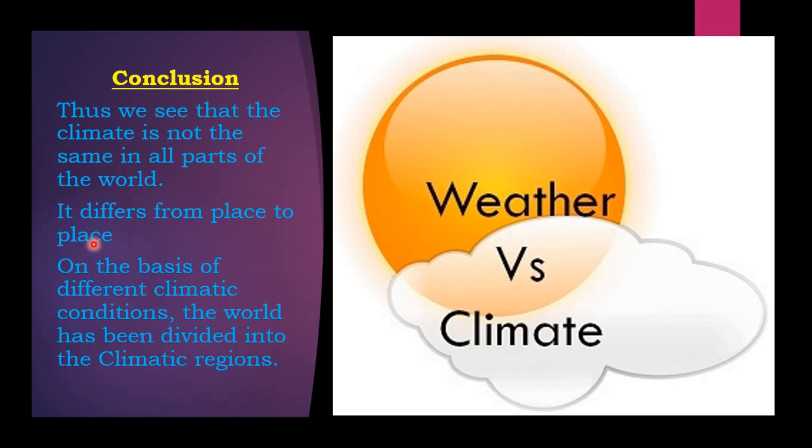After all this, we can say the climate is not the same in all parts of the world because of changes of the atmosphere, because of the wind, the sea, the equator, the distance from the sea, and the heat zones. All this affects the weather and the climate.